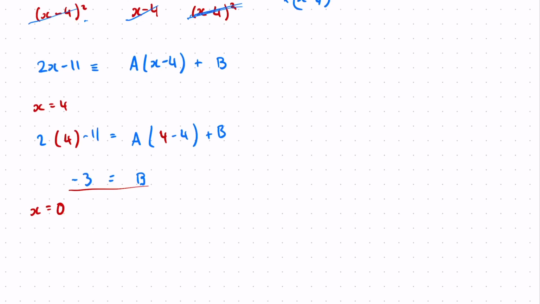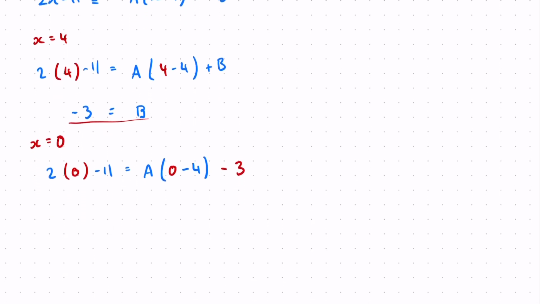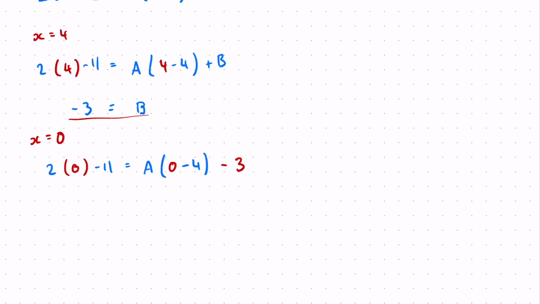So I'm going to get two lots of 0 minus 11 is equal to A(0 - 4), and then my B as minus 3, so plus B, which is just minus 3, which gives me minus 11 is equal to minus 4A minus 3, which is minus 8 is equal to minus 4A, which is A is equal to 2.